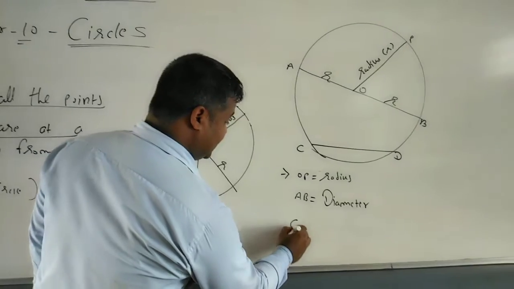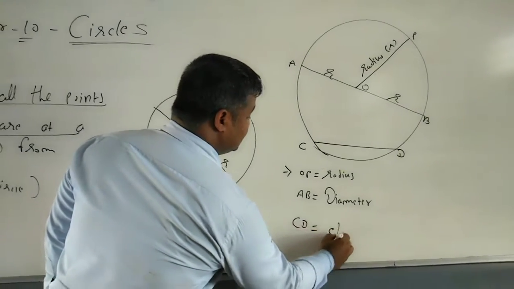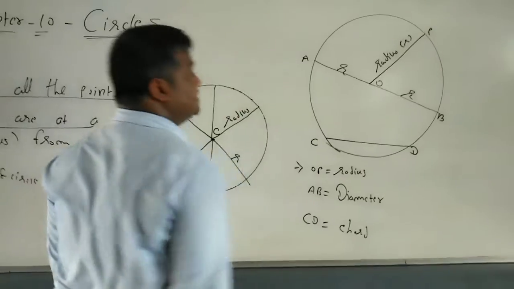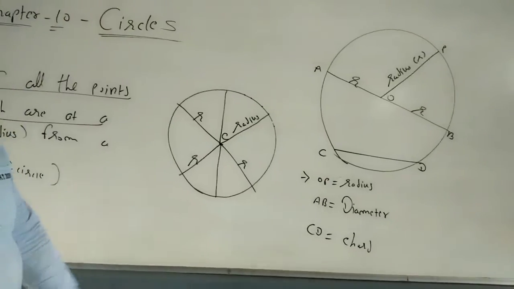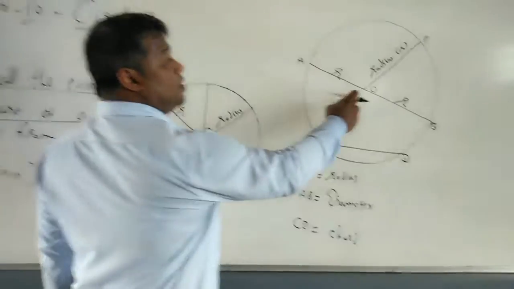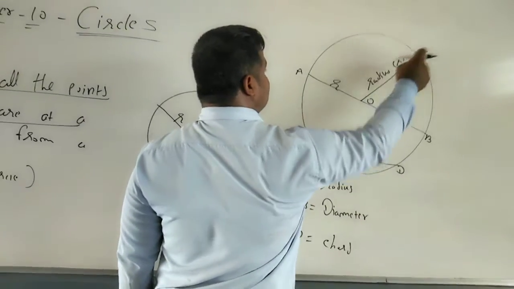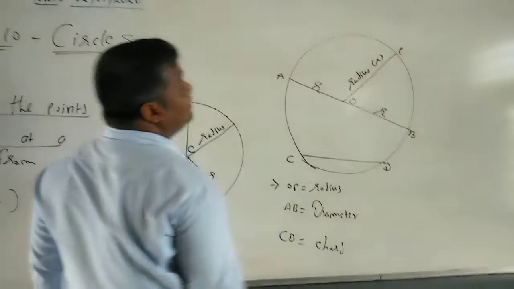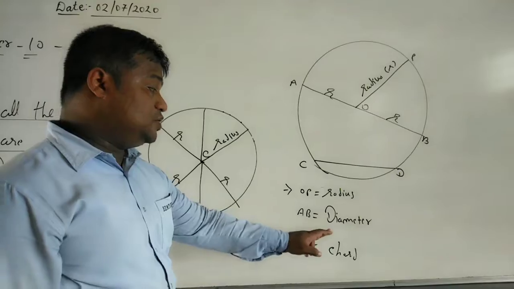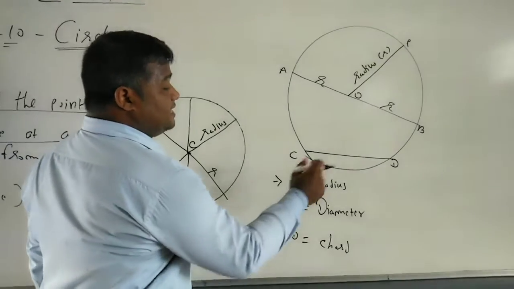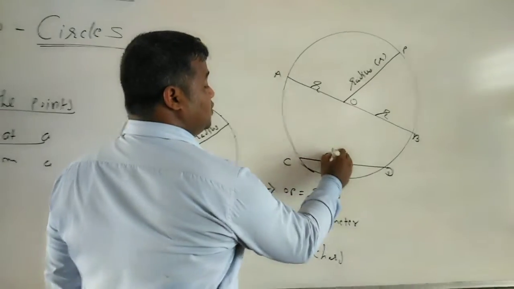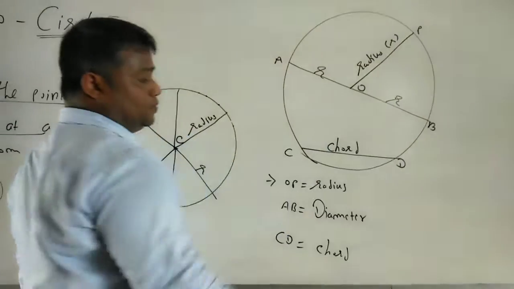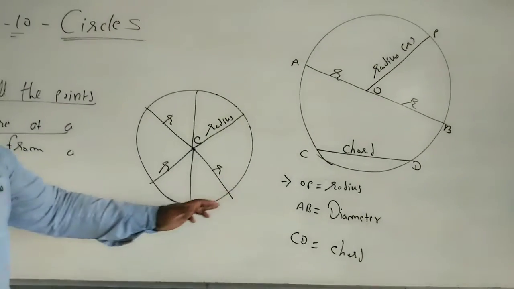And what is CD? CD is your chord. Once again I am going to repeat. From O to P distance is known as the radius. This AB, twice the radius, gives you the diameter. And CD is the chord of your circle O. You understand these three things properly.